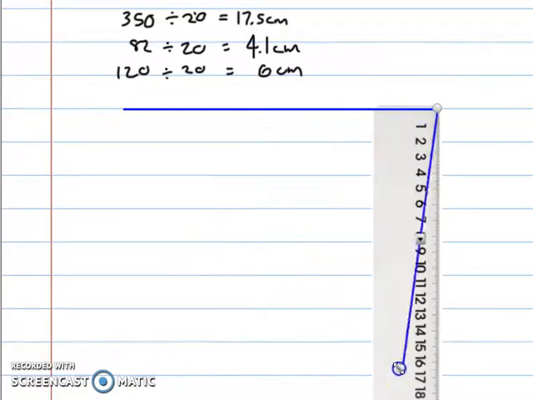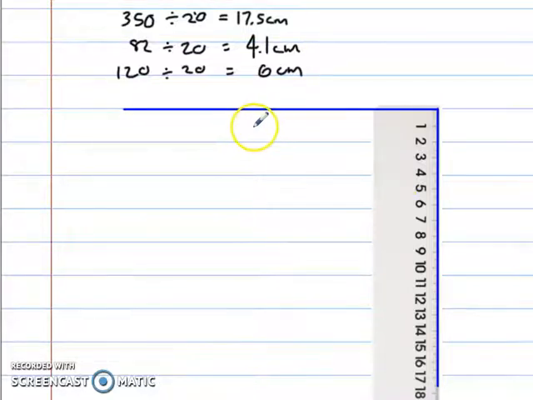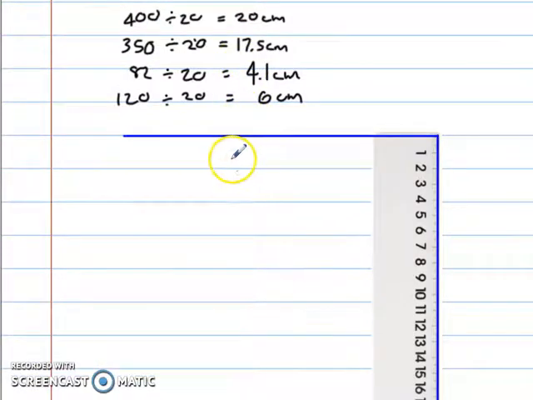17.5, about there, about that long, right? In fact, we might label this as we go. So we've got a wall of 20 centimeters.